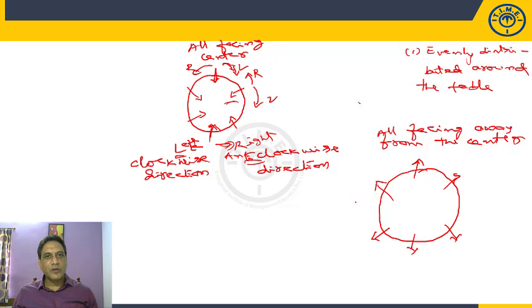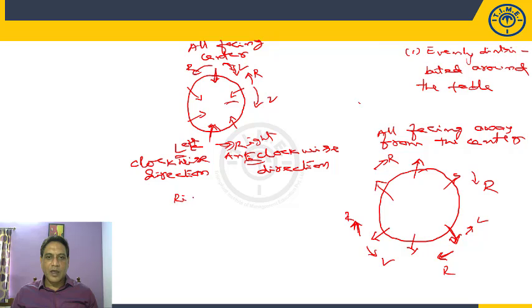So what will happen to the left and right? This person is facing this direction. Now for him, this would be left and this would be right. And if you consider this person, for him this is going to be right and this is going to be left. Now look at the situation. This is right side of this person, this is right side of this person, this is the right side of this person, this is the right side of this person. So now what will happen in this case?